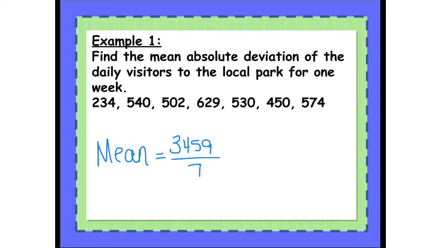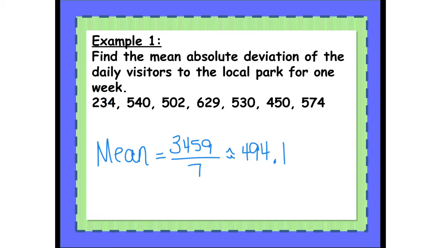Now when I do that, I don't get a whole number, so I am going to round it to the nearest tenth, and so it is approximately 494 and 1/10. Now I have to figure out how far each of those numbers is from the mean.